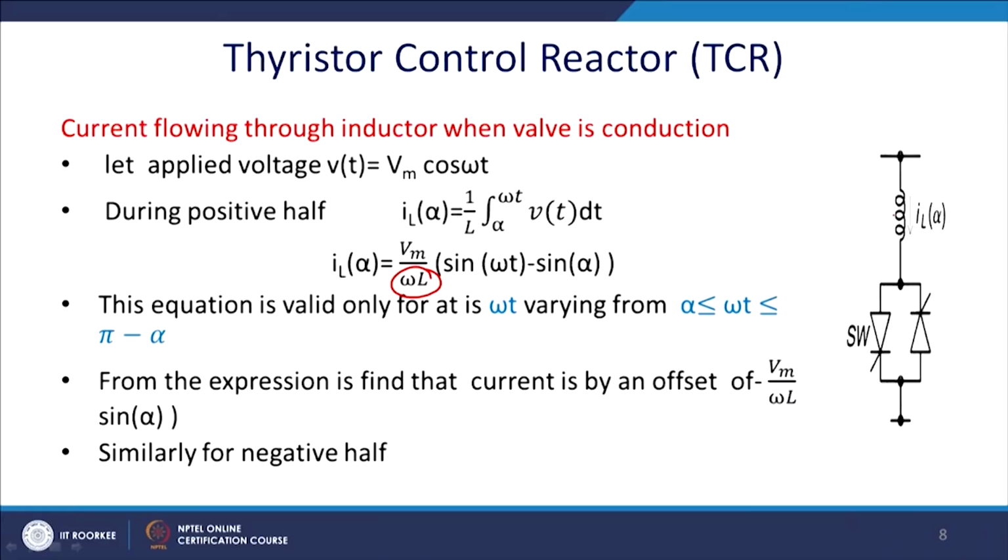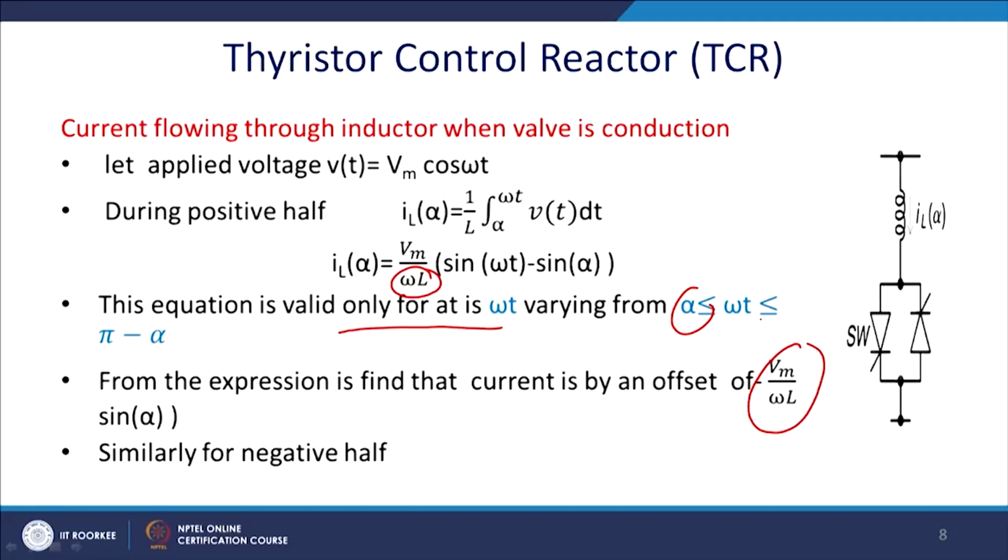Ultimately this becomes Vm by omega L, that is nothing but XL, the impedance of this line, into sin omega t minus sin alpha. This equation is valid for omega t varied from alpha to pi minus alpha.